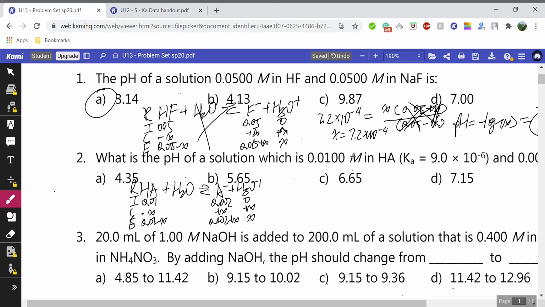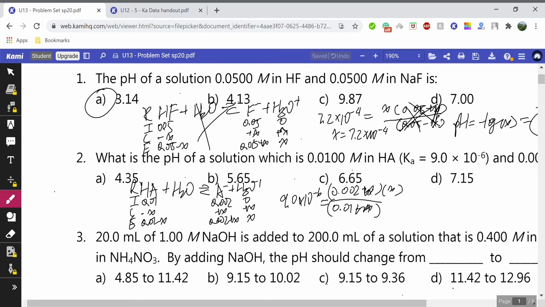So this will be Ka, which is 9.0 times 10 to the negative 6 power, which is equal to 0.002 plus x times x divided by 0.01 minus x. Now because our x is small, we can remove this and remove this.